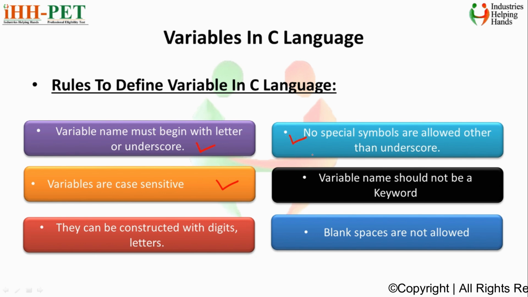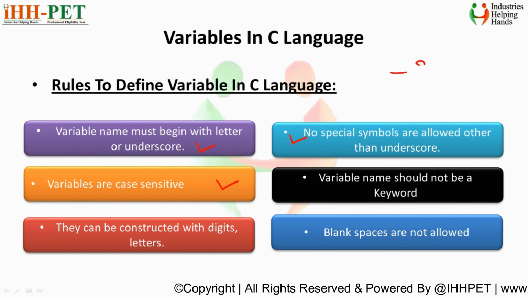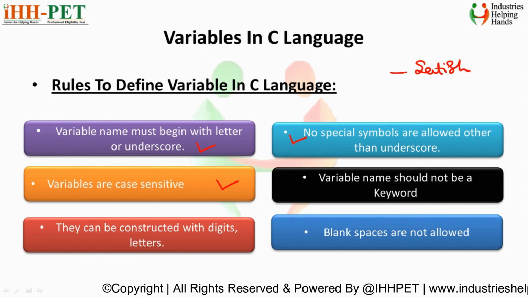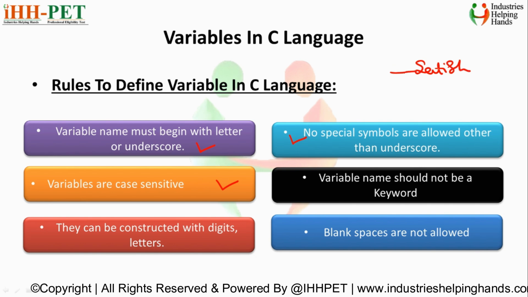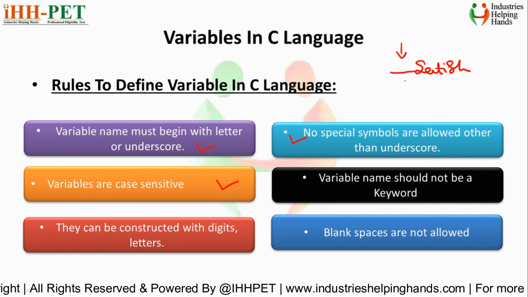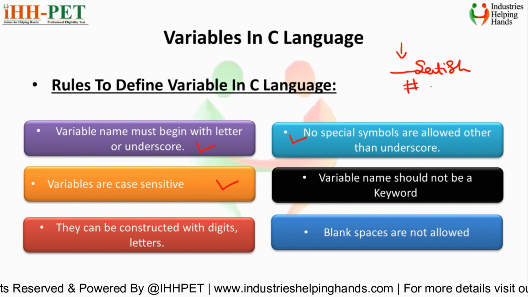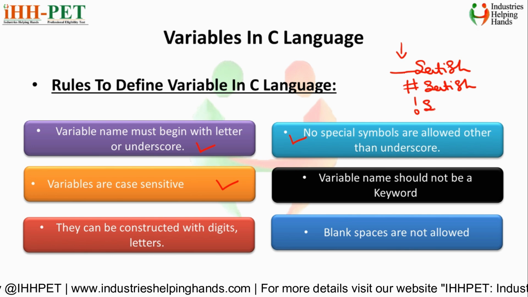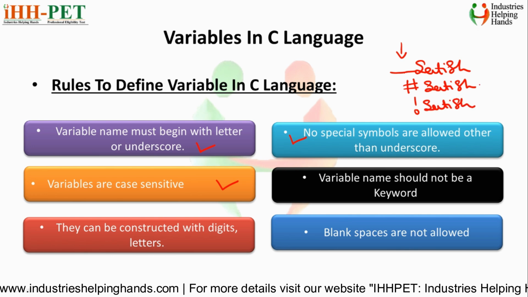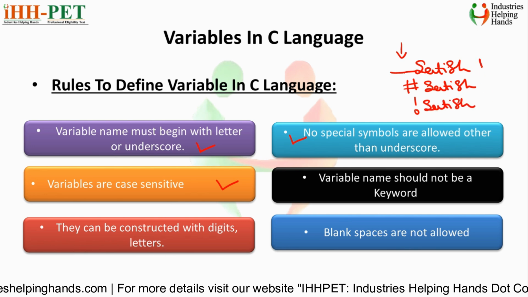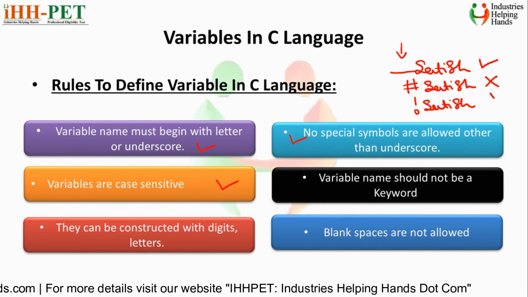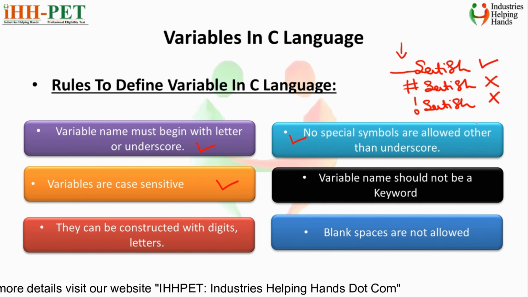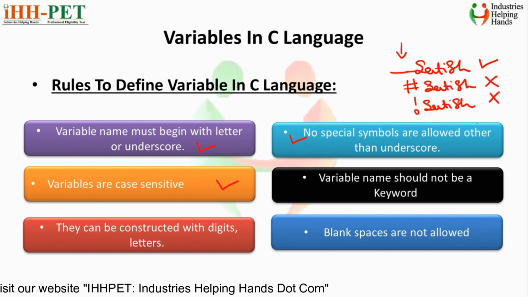No special symbol is allowed other than underscore. So among special symbols, underscore is allowed. But in the place of underscore, if you write hashtag Satish or not Satish, or anything, this is not allowed, and these sentences are not correct variable names.